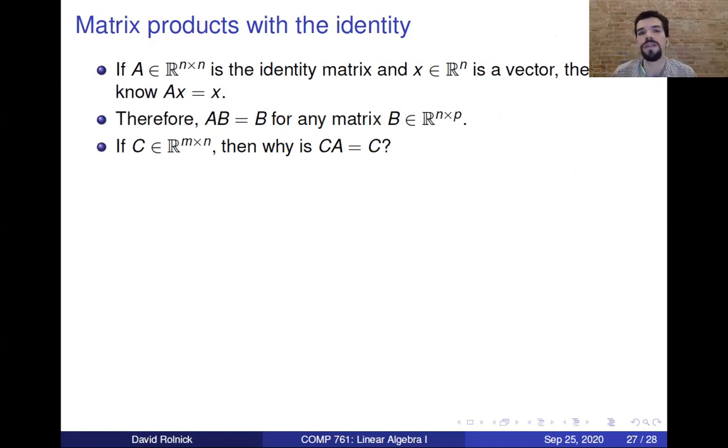What's a quick way to see that multiplication on the other side by the identity is also the identity? Showed that if you right multiply the identity by something, then you get the same thing back. Why left multiplication? Why is that the case as well?